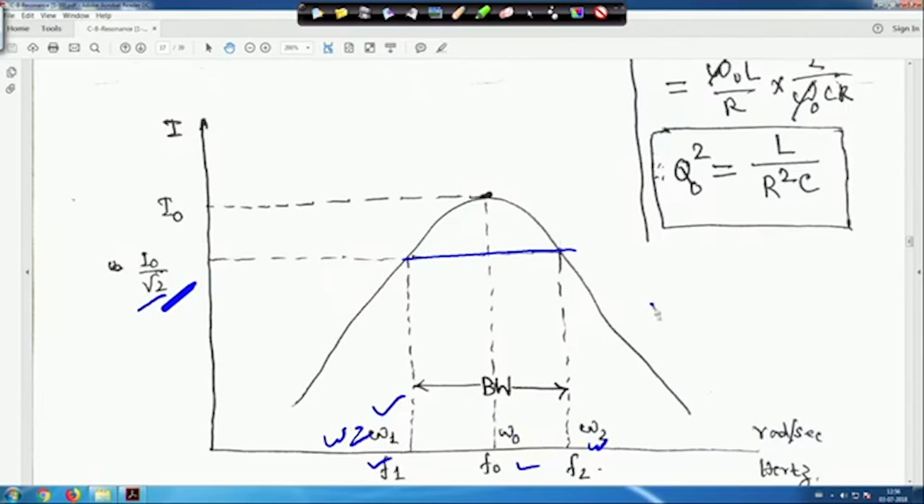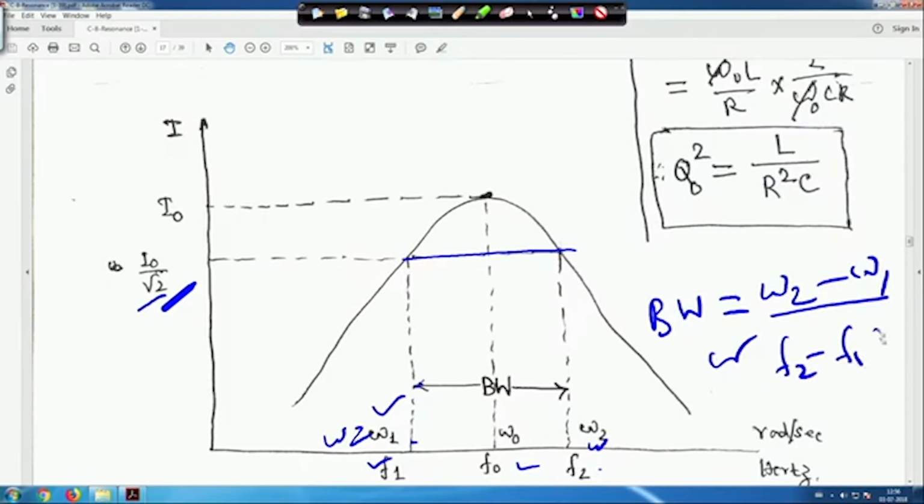The difference between these two, this width from here to here, is called the bandwidth. That is omega 2 minus omega 1 if it is in radian per second, or if it is in hertz, it will be f2 minus f1. And this is your resonance frequency.